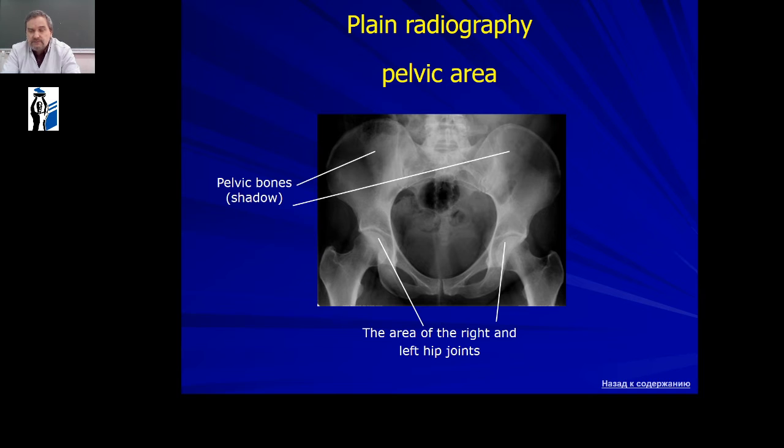The next sample, plain radiography of the pelvic area. There are pelvic bones, shadow. The area in the right and left hip joints, also shadow.